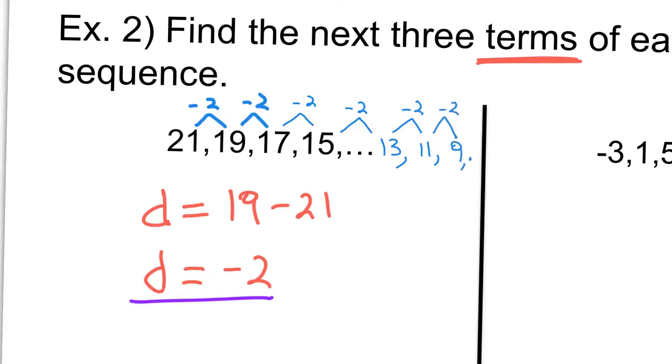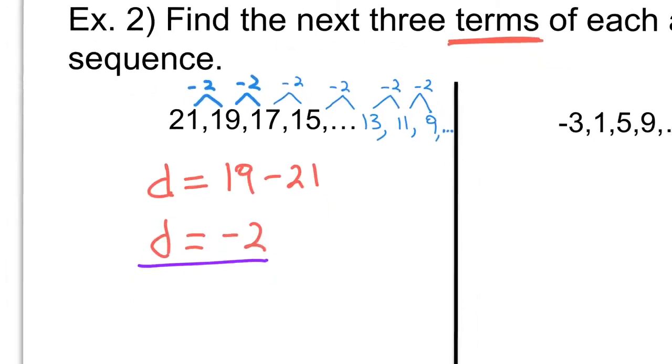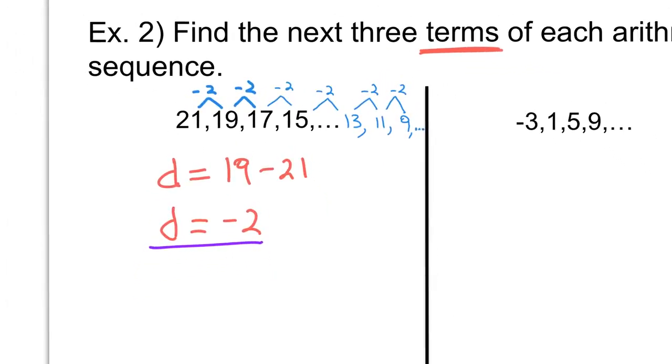I'm going to put the dots, because it's infinite. It keeps going and going and going. So my next 3 terms, I'm just going to put those down here. I know they are 13, 11, and 9. And again, I'm going to put the dots so we know that it keeps going. Now remember, let me count here again: 1st term, 2nd term, 3rd, 4th.